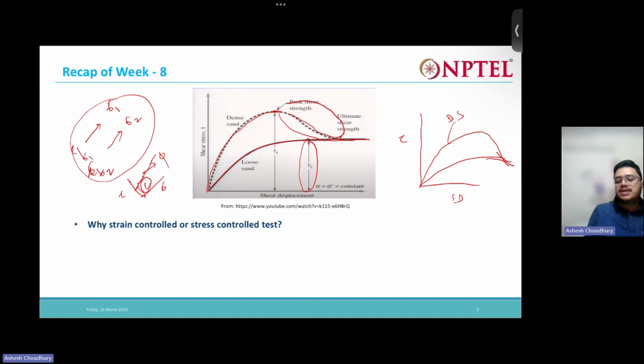If you do a stress control test, the stress controller is generally unable to give us the post-failure, post-peak region. But in a strain control test we can get the total failure curve.